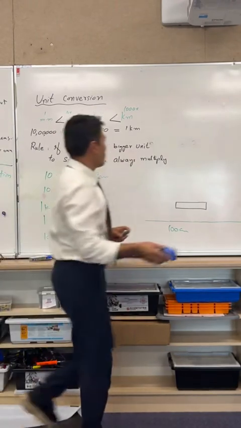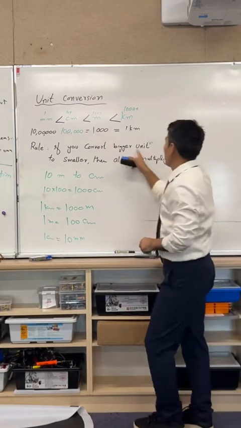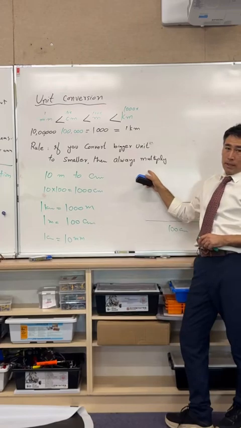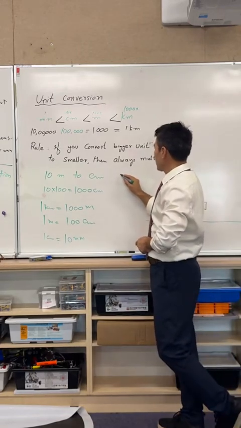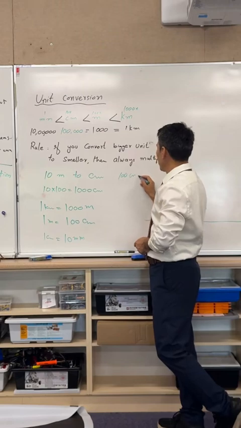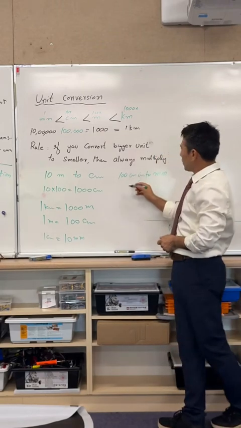Okay, let's do the other one, guys. If you convert bigger unit to smaller unit, then always multiply. We did this multiplication, okay? Always, I gave you bigger unit. Let's see another example. 100 centimeter into millimeter. You should know which one is bigger, okay?